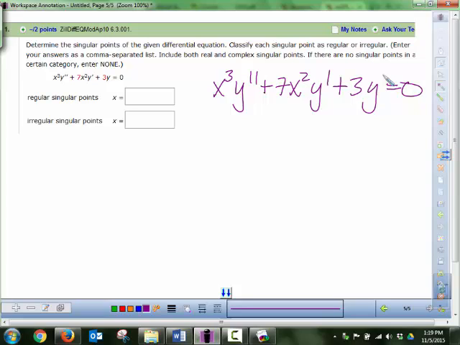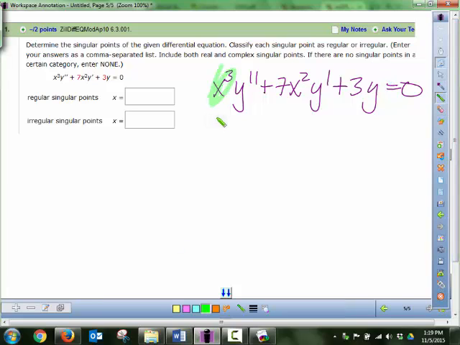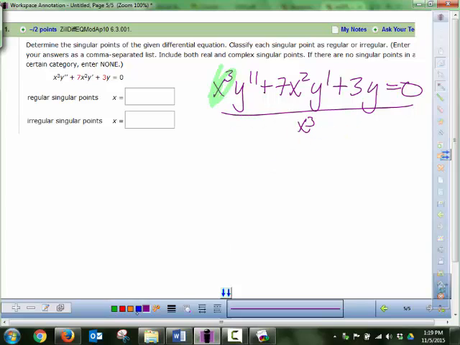Now remember, the first step is to write it so that the leading coefficient function is out of there, so it's just 1. So let's divide everything by x to the third. So we're going to have a new equation with y double prime by itself plus, and now I have 7, and then the x squared and the x cubed cancel, leaving me an x in the denominator.